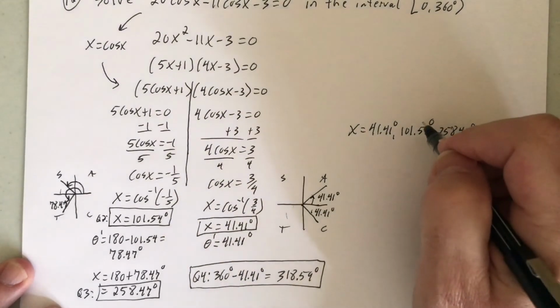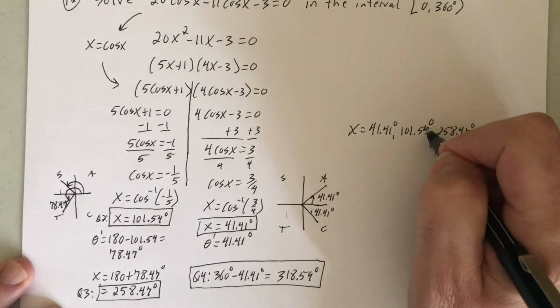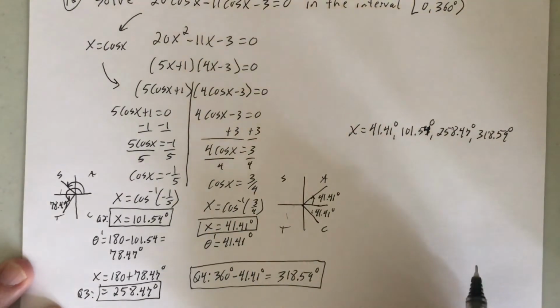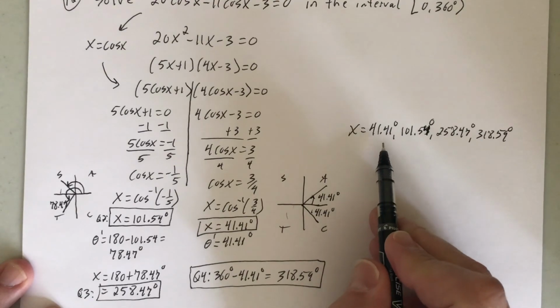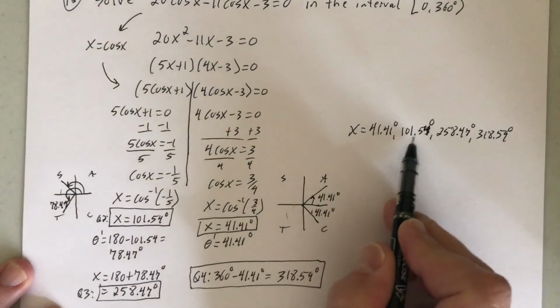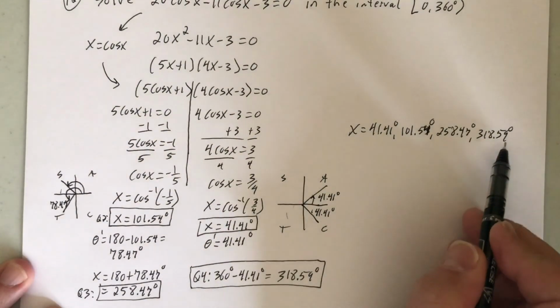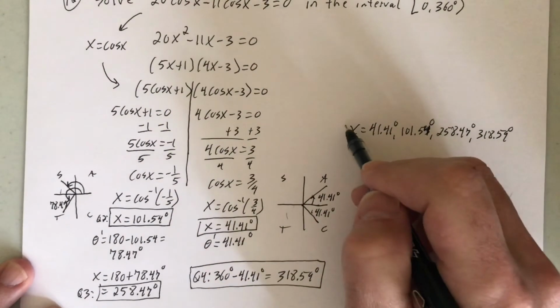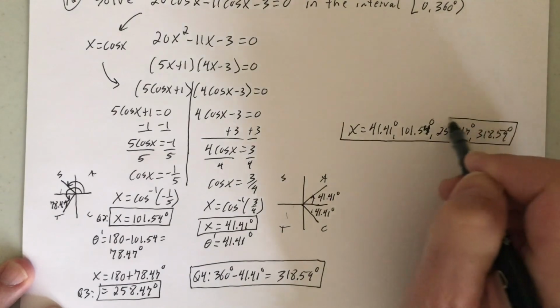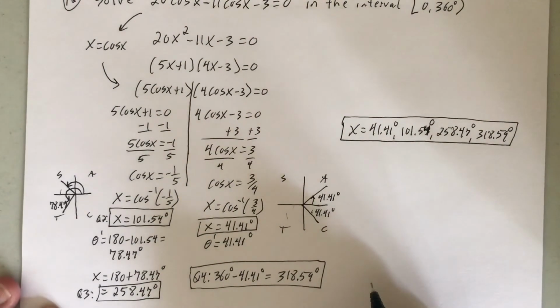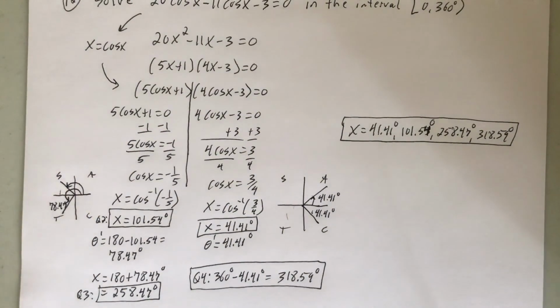And actually this was rounded, this is 101.54, sorry about that. So 41.41 degrees, 101.54, 258.47, and then 318.59. And that one is finished. And we'll pick up with number 13 in part 5.